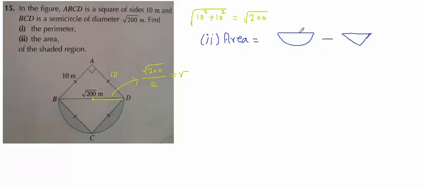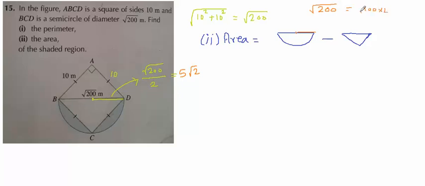So this has the radius square root of 200 over 2, which is, sorry, not 50 root 2, it will be 5 root 2. If you need clarification on how I got this without using a calculator, 200 can be written as 100 times 2.